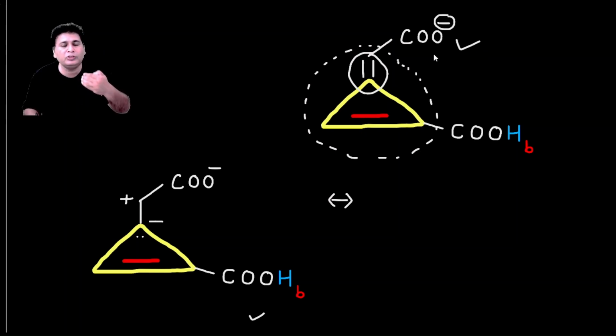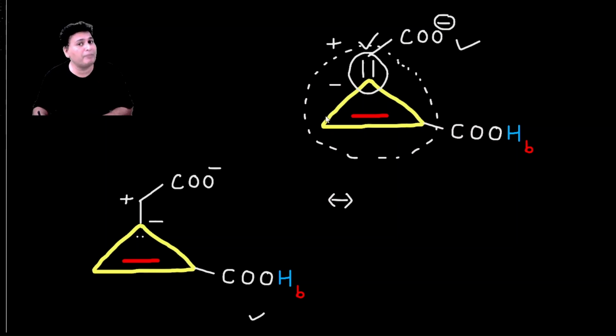What I mean to say is, if you polarize this pi bond so that this particular carbon gets a plus charge and the other carbon gets the minus charge, then I am helping this carboxylate group get satisfied.